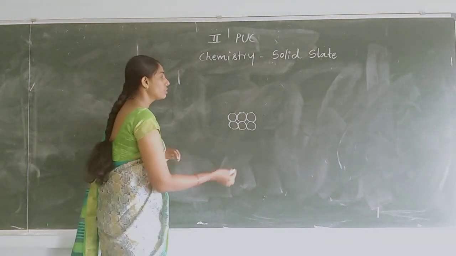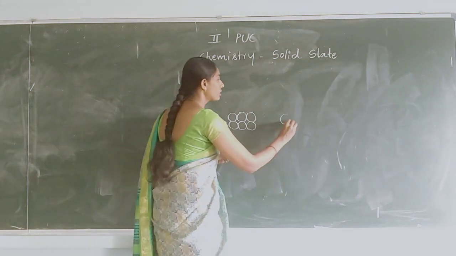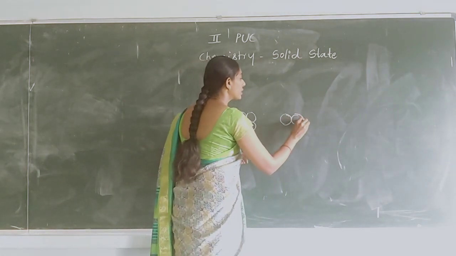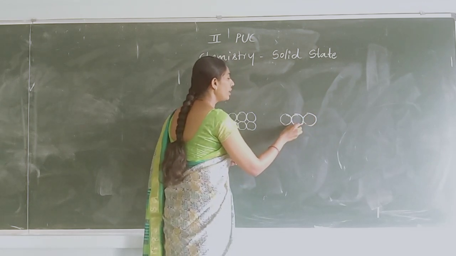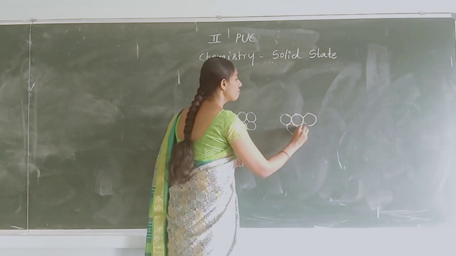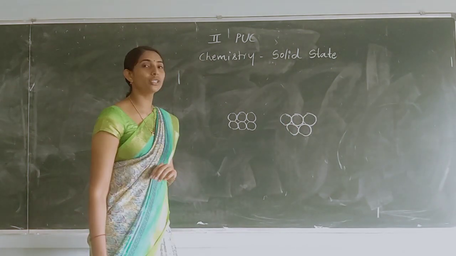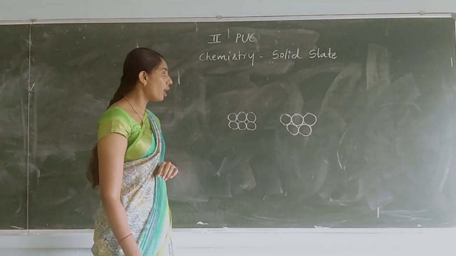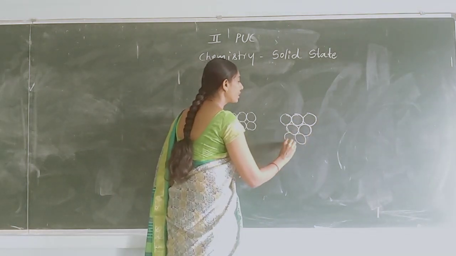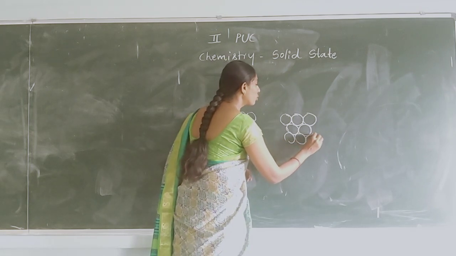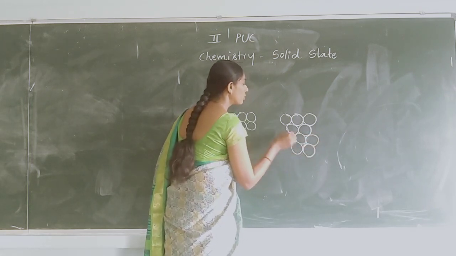And what is one more possibility? That is hexagonal close packing. In hexagonal close packing, what is the condition? Here, when you place the second layer, it must be in the depression of the first layer. You place the third layer in the depression of the second layer, and the fourth layer in the depression of the third layer, and that goes on.